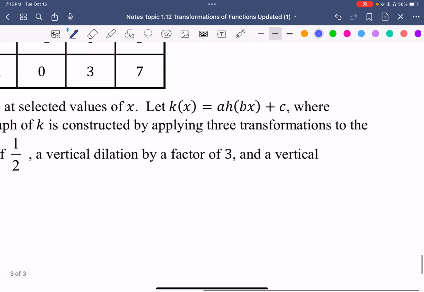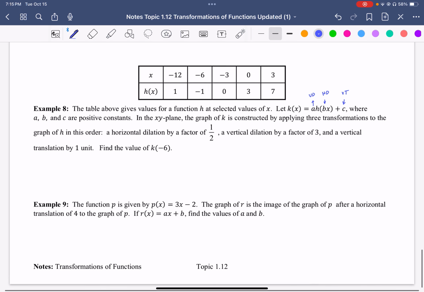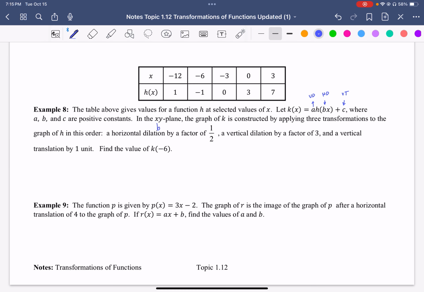Okay, so remember that a is your vertical dilation, b is your horizontal dilation, and c is your vertical translation. So if I'm reading the transformations, they said a horizontal dilation would be b. But remember that b is the reciprocal, so instead of 1/2, we have 2. Vertical dilation is a, and it's exactly what it appears, so a is 3.